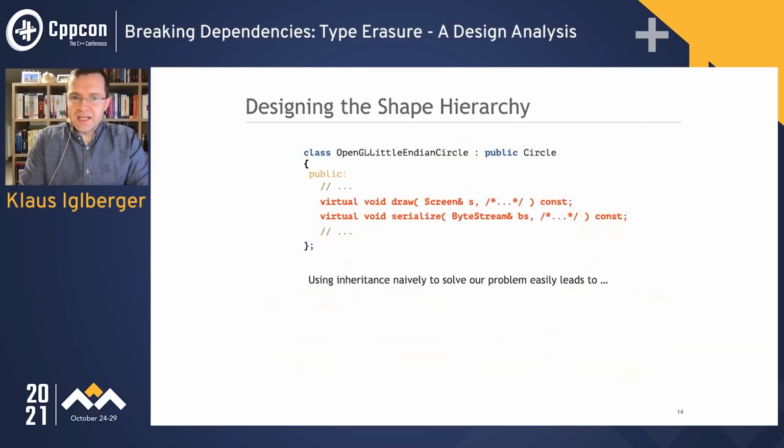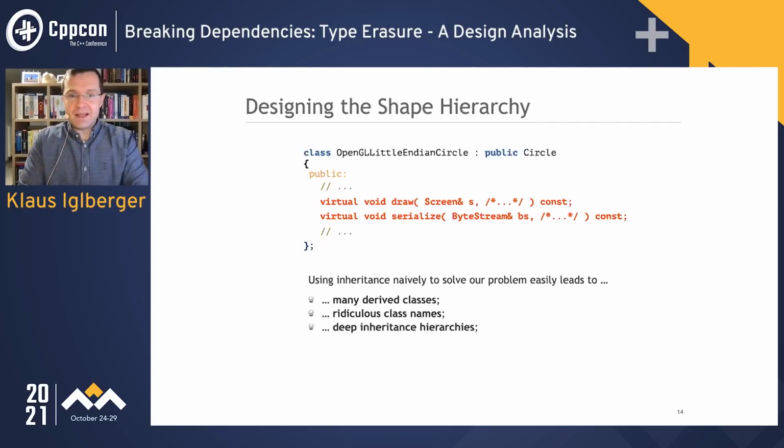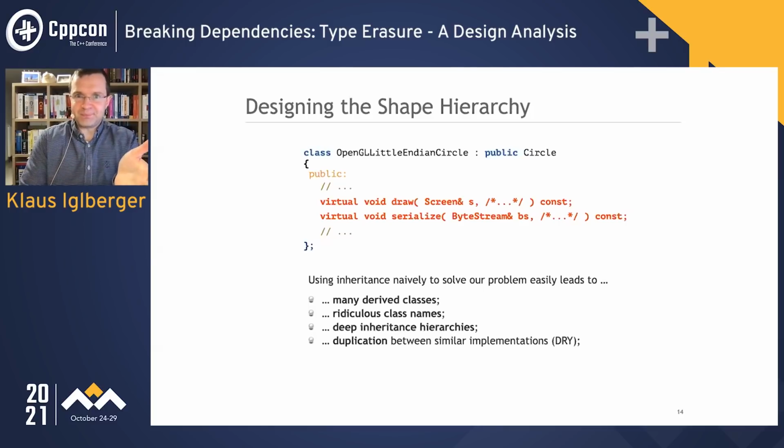So, using inheritance naively to solve a problem very quickly leads to many derived classes, which we don't like, and ridiculous class names. I don't know if you like them, but I definitely do not. Deep inheritance hierarchies, which is a problem, because very quickly people don't understand this anymore. Duplication, which perhaps we get under control somehow, but it's a hard thing.